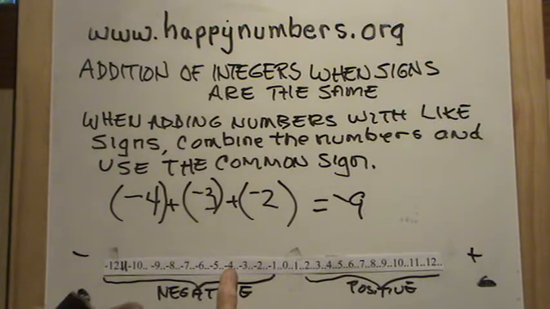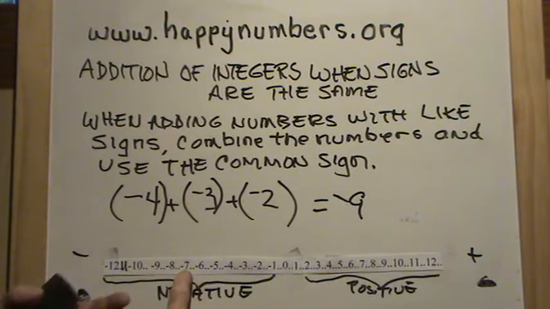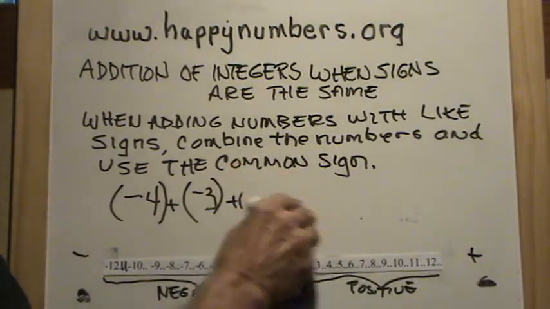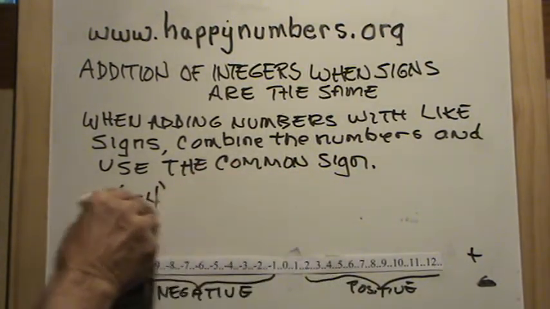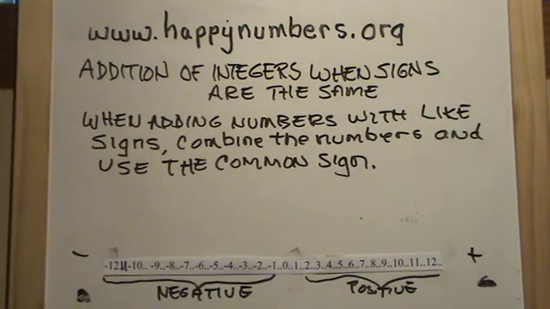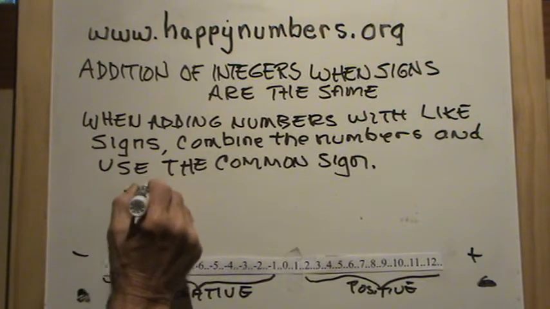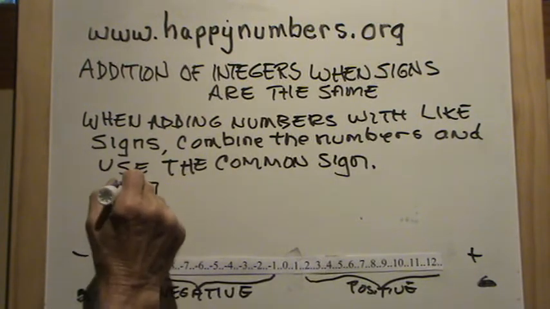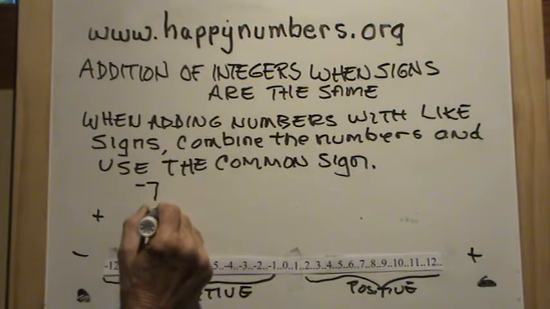and we can see that on the number line. -4, and then we move 3 more in a negative direction. 1, 2, 3, that gives us -7, and then we move 2 more, 1, 2, and we get -9. Again, this is a pretty simple skill set. I'm going to put some problems up for you and let you do them. Let's have you do -7 plus -9.